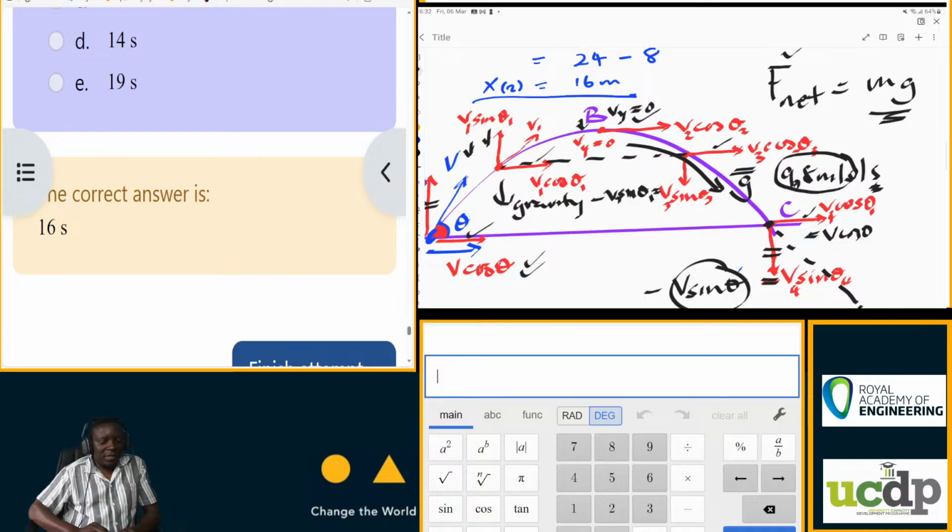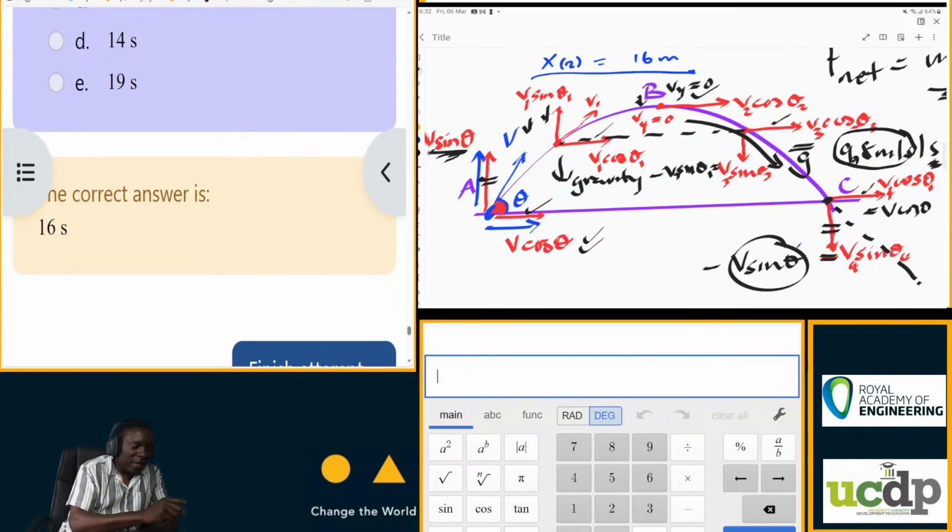I want to understand because the explanation for a projectile says that it is when a body is given an initial velocity. Yeah, I get where you are coming from. There are two things happening here.